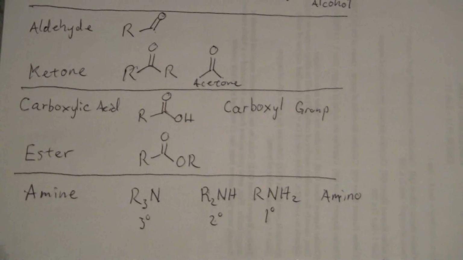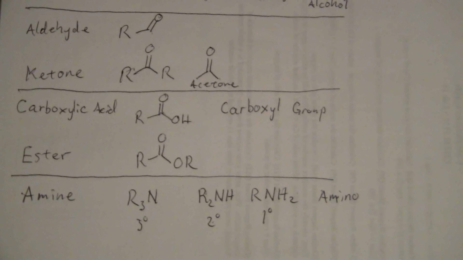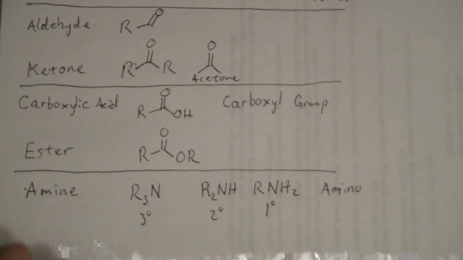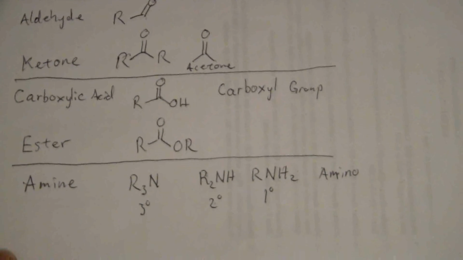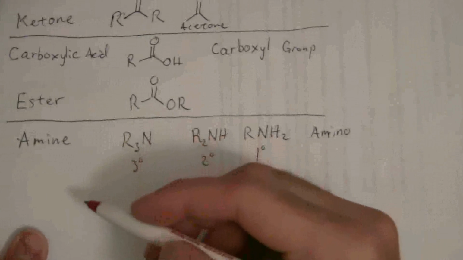All right, so let's look at a couple of other functional groups that are common, or at least that you should be able to recognize. They're less common, but depending on what you will be pursuing, you may see these in other classes.